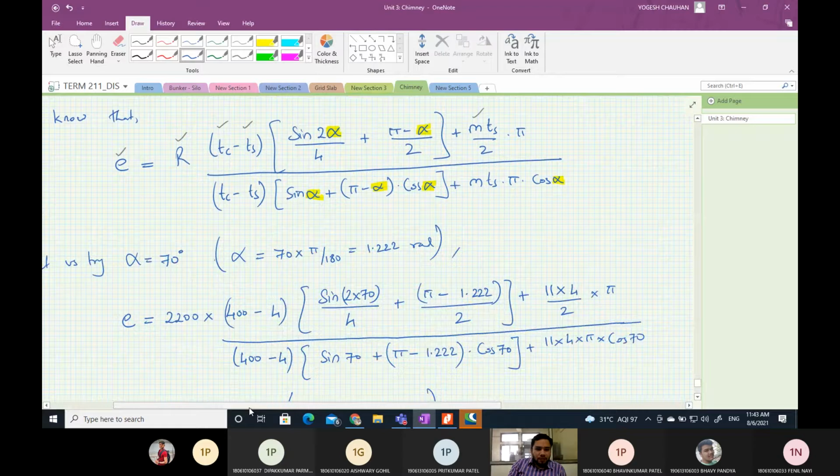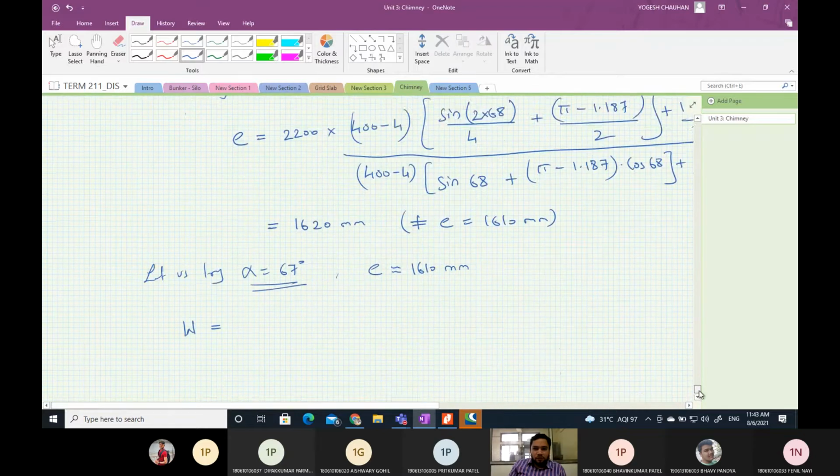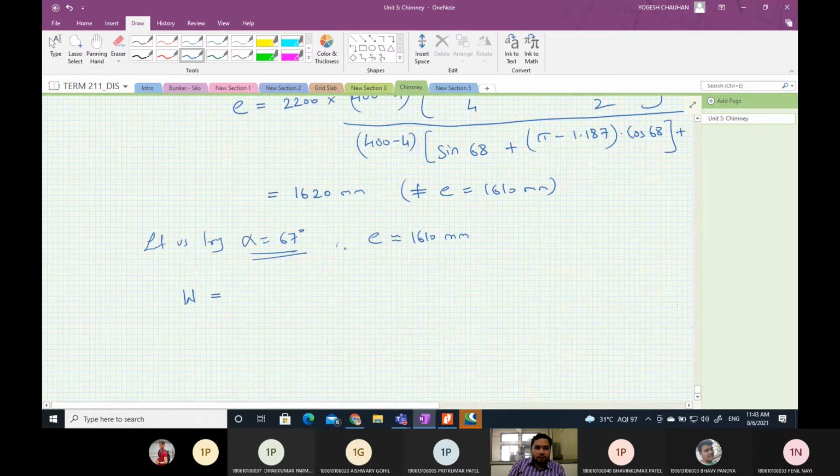So by trial and error, we tried different alpha values, and finally we found that alpha equal to 67 gives you eccentricity of 1610, same as your actual eccentricity. So we then substitute the value of alpha as 67 and find the stresses in concrete and steel.